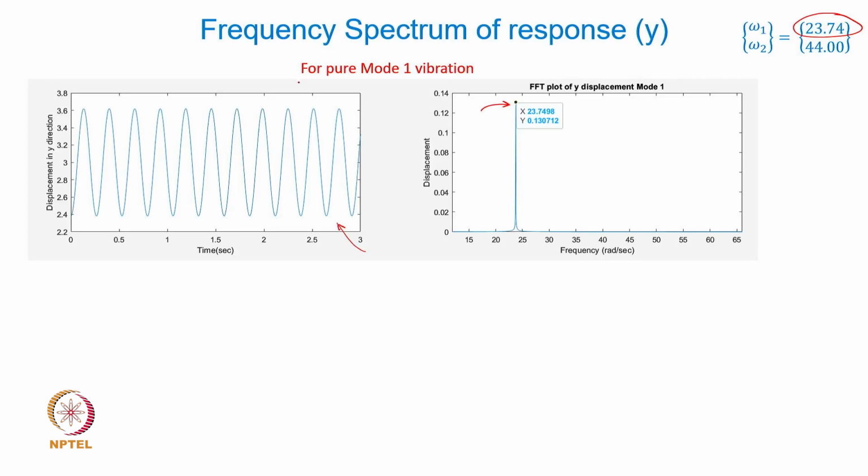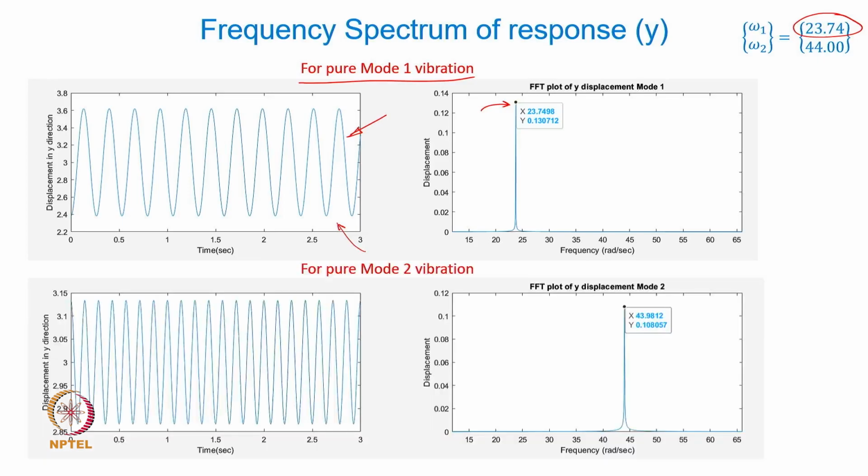Pure mode 1 vibration was observed, so only one frequency appears in the response, which anyway was seen from the time domain data itself. There is no need to get a frequency domain spectrum, but that may be required when we talk about a general response.